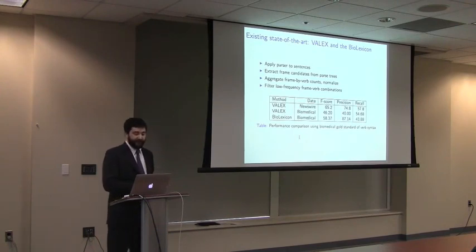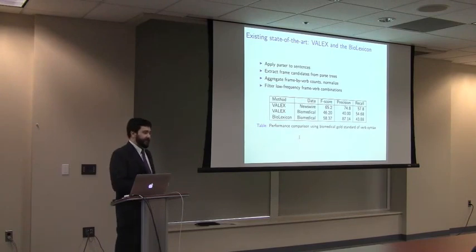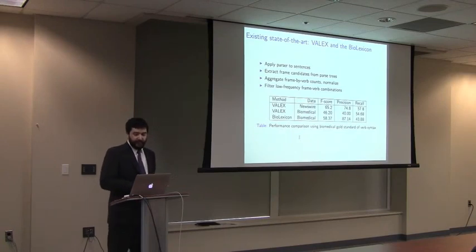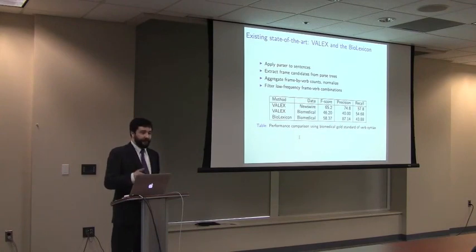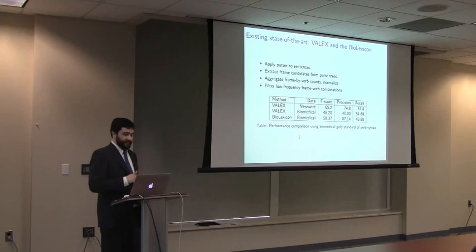So the third preliminary study we did here was to look at what resources there are for learning syntactic frames currently. And so the existing state of the art for this is we looked at two systems, Valex, which is developed for general language, it's trained on Newswire data, and the Biolexicon, which, as the name implies, is targeting verbs in biomedicine. And they both follow the same basic pattern.